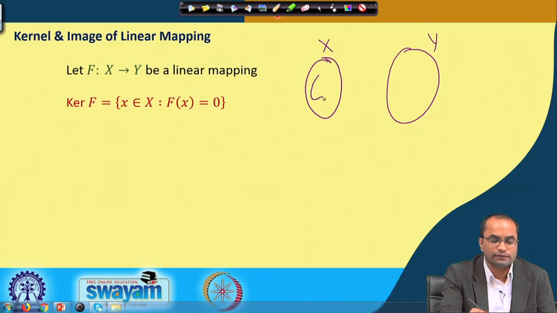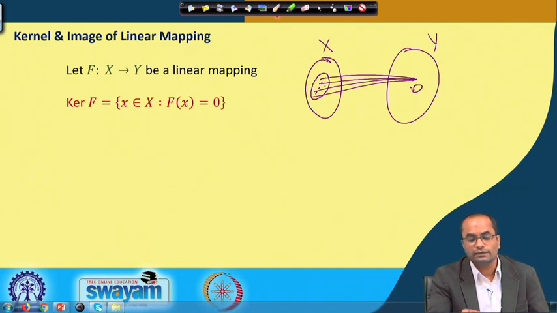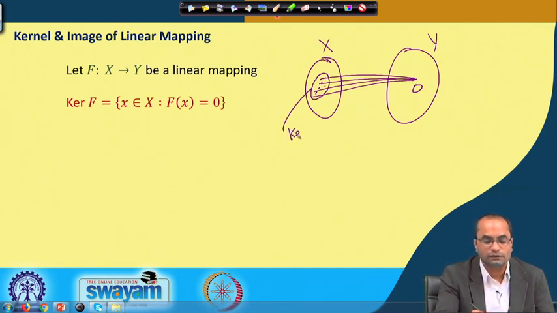We will collect all these points in x which map to the 0 element in y. This set will be called the kernel of this mapping f.